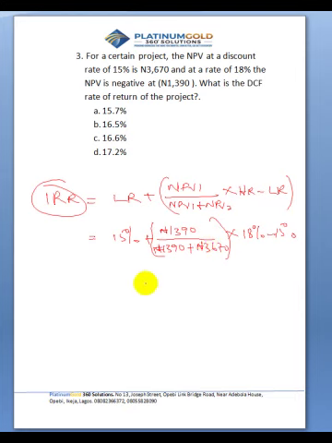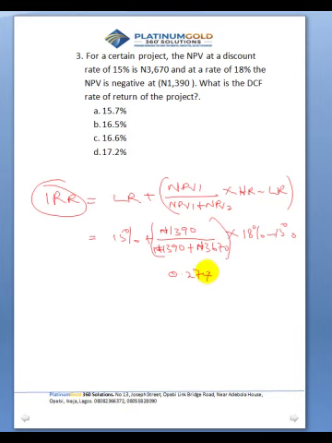So all this is 0.274. That is the starting point, 0.274.